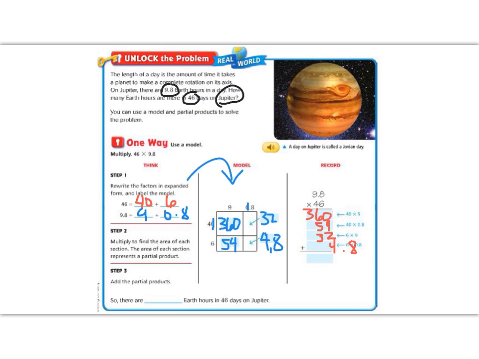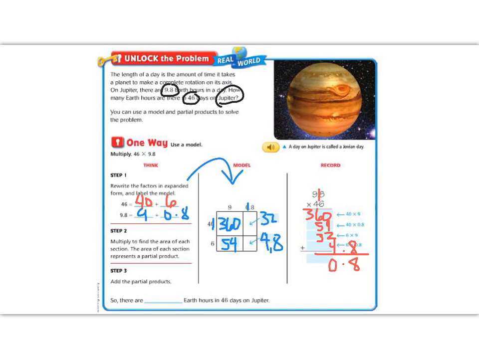All right, now let's add. Starting in our rightmost column, nothing adds with 0.8, so we have, and draw my line here, 0.8. Then I have 4 plus 4 is 8, plus 2 is 10, so 0, carry the 1.